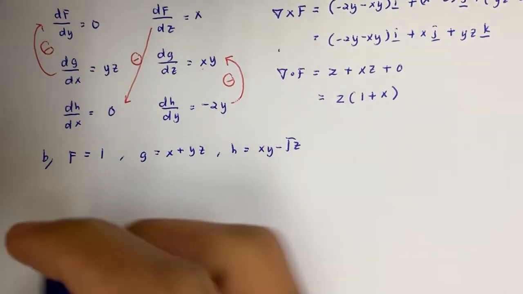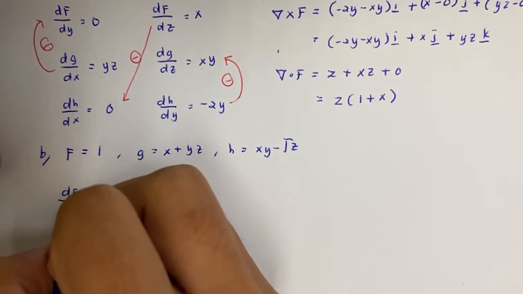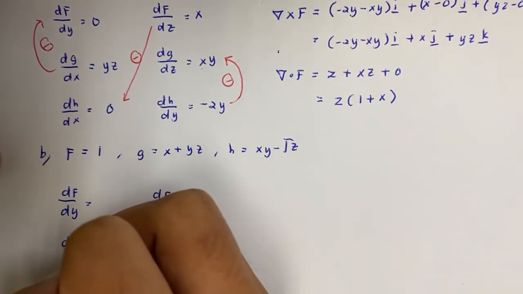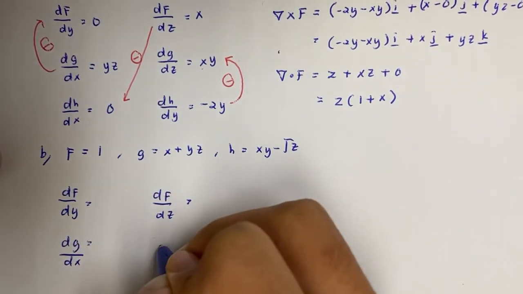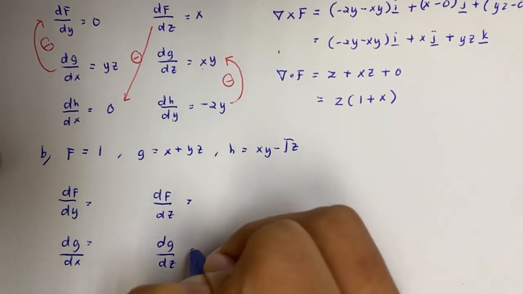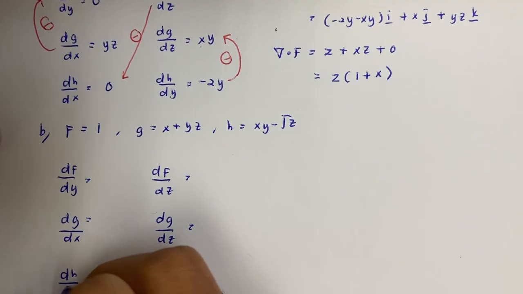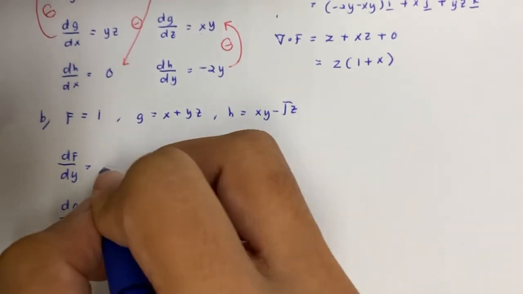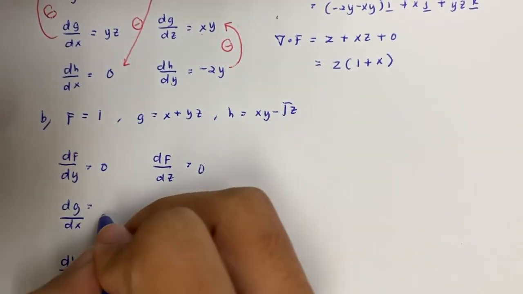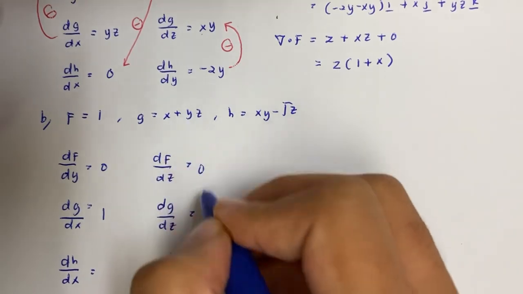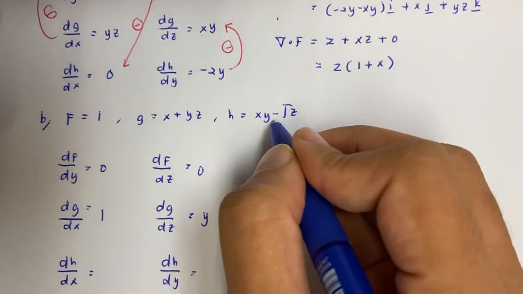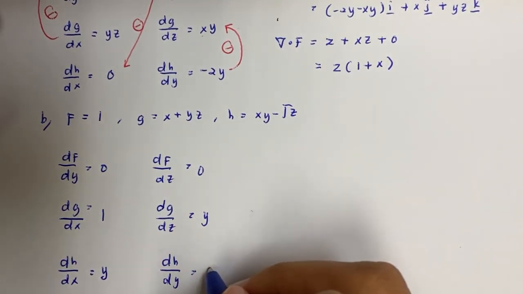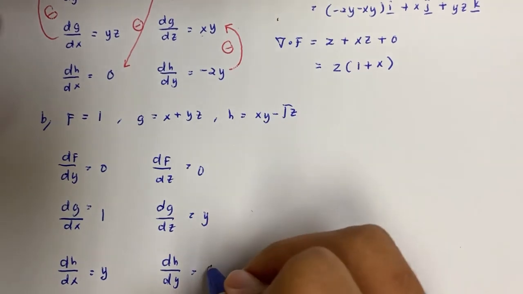Again, find df/dy, df/dz, dg/dx, dg/dz, dh/dx, and dh/dy. For these you have 0, 0, and then 1, and y. For h, dh/dx you have y, and dh/dy you have x.